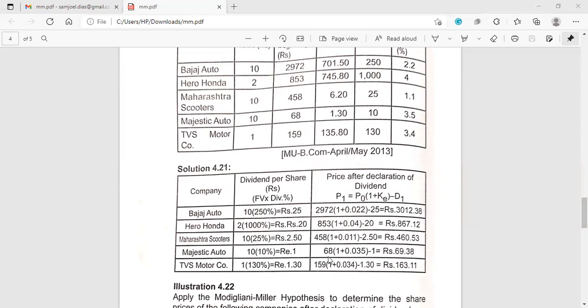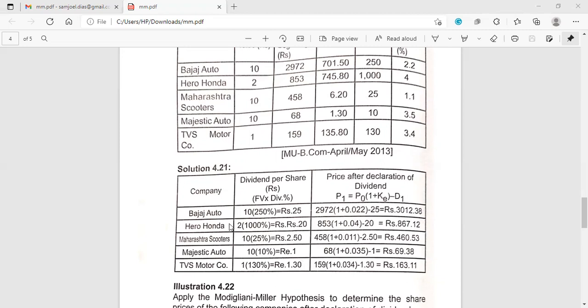Price at the beginning 68 and cost of equity is 3.5%. That means 68 into 1 plus 0.035 minus 1, that leaves rupees 69.38.